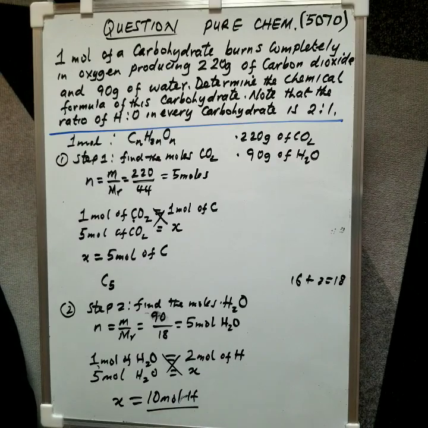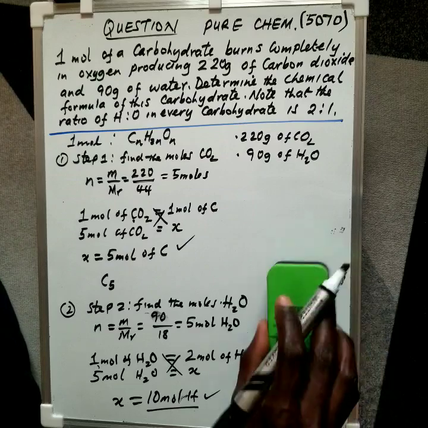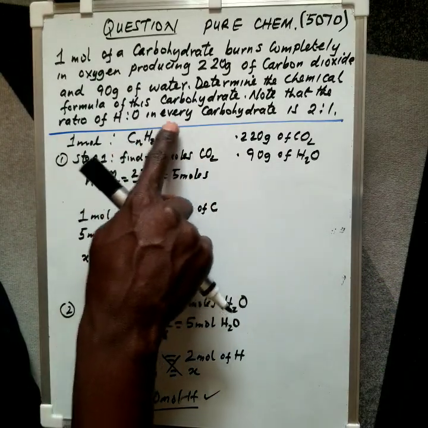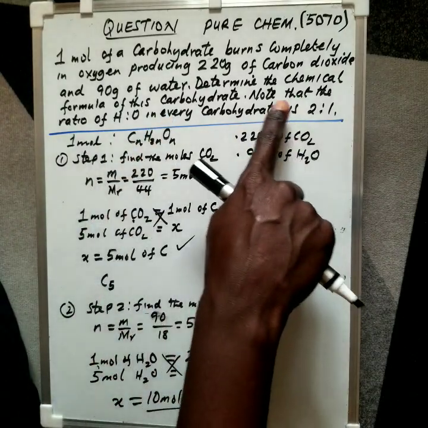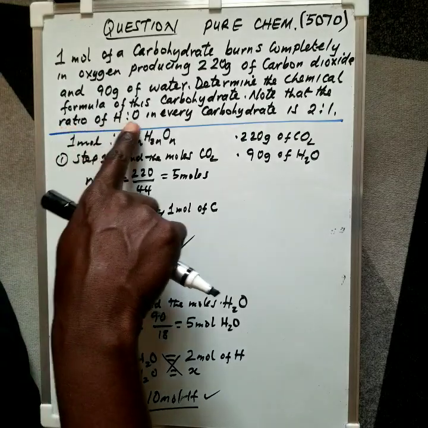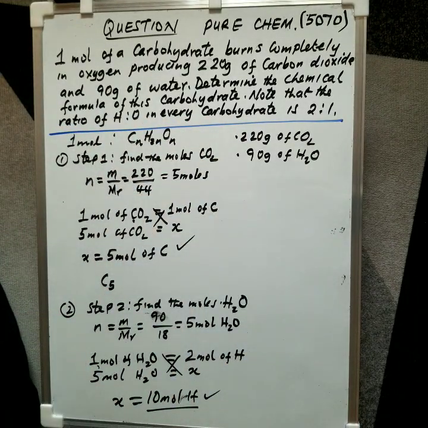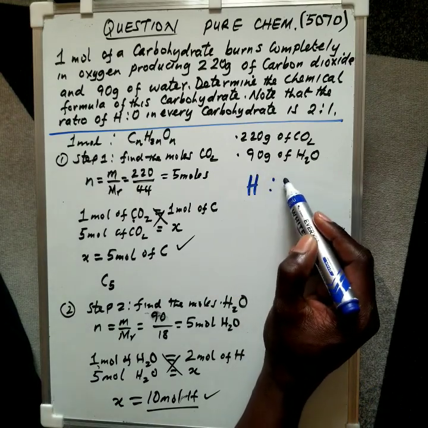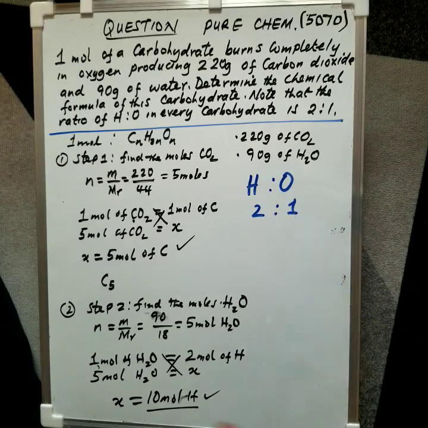Now, once we have found the number of moles of carbon and hydrogen, a carbohydrate contains carbon, hydrogen, and oxygen, so we need to know how many moles of oxygen there are. Remember, they told us that the ratio of hydrogen to oxygen in every carbohydrate is 2 to 1. So we can make use of that ratio.